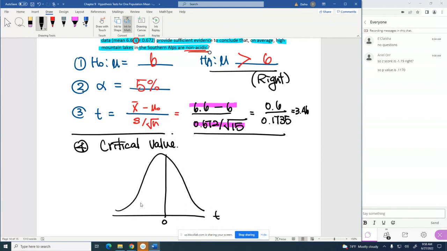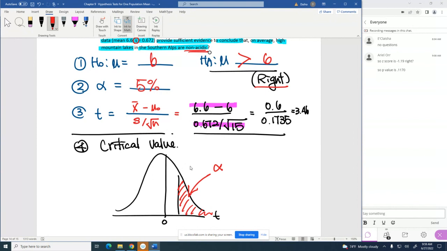Alpha was the probability, right? So we plug the alpha, the probability, into the right tail. Why the right tail? Because we stated greater than, which is the right tail. It's almost the same idea, but we plug the alpha into the right tail.